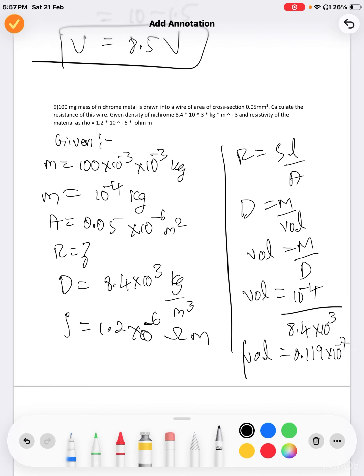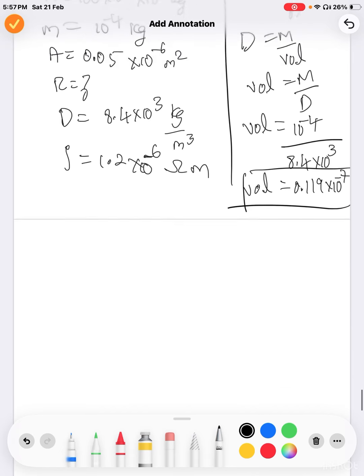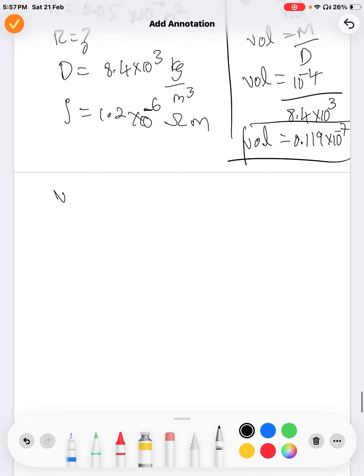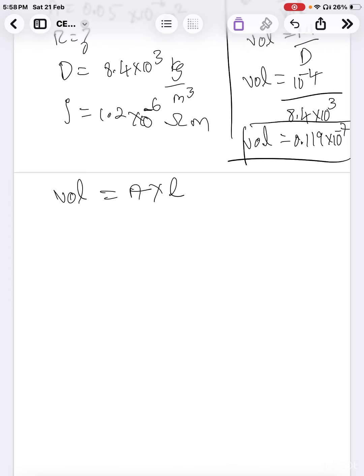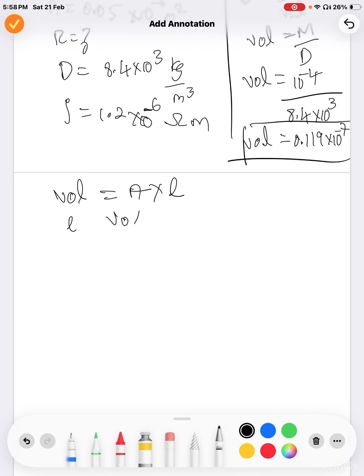Correct. Once you got the volume, now can I find the length? Because I know volume equal to area into length. So from this we can find the length. So length is equal to volume by area.